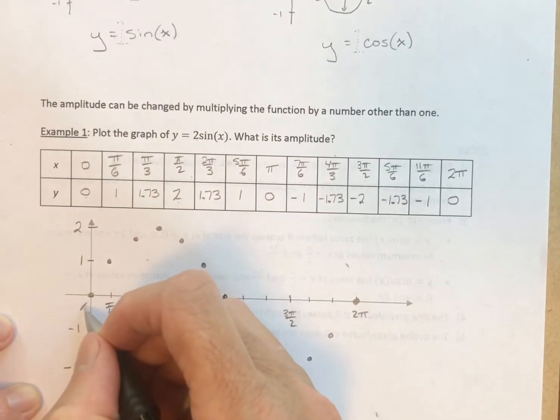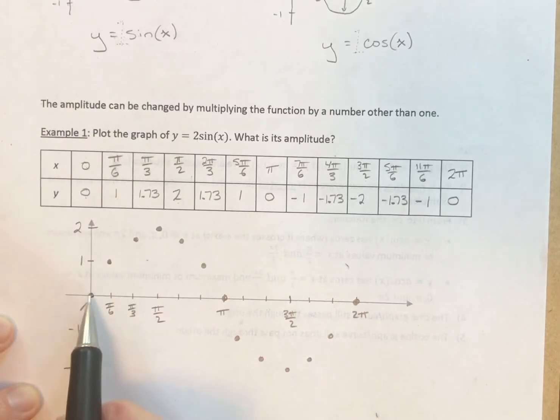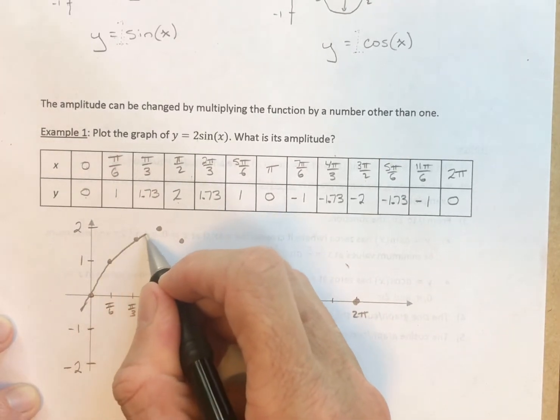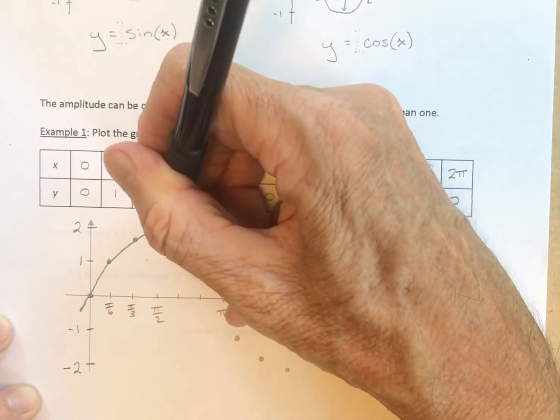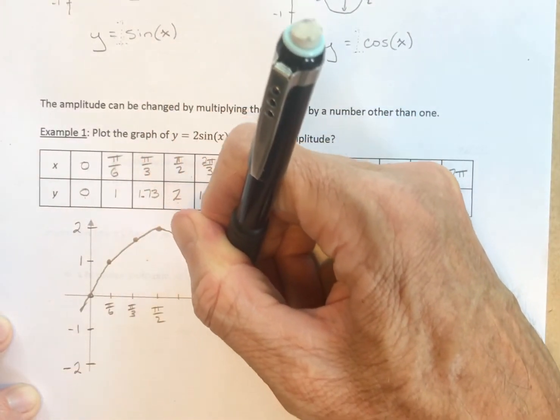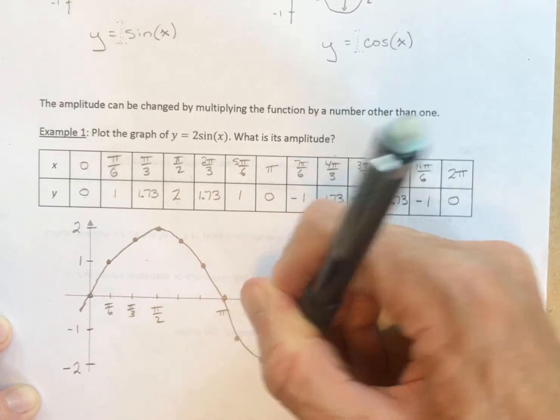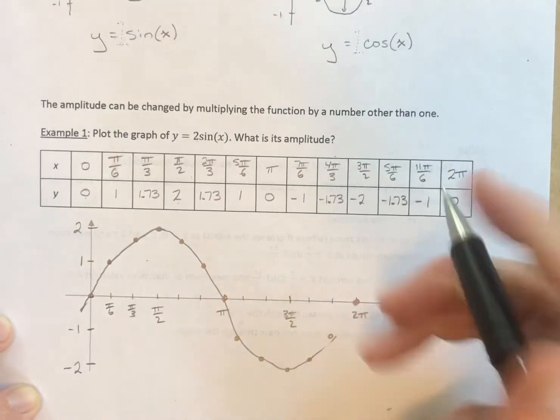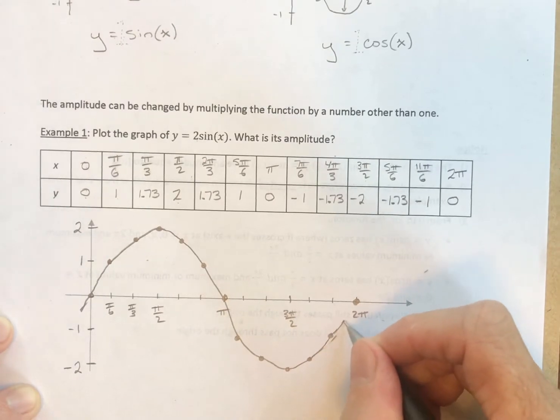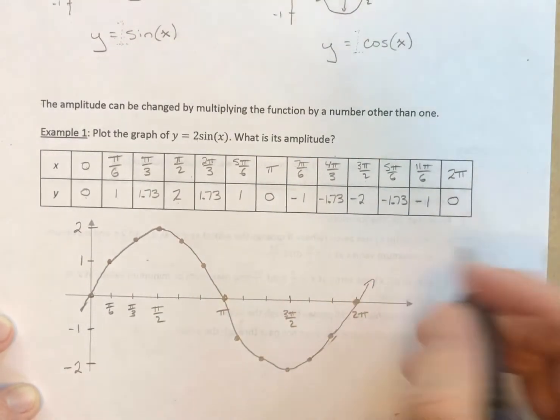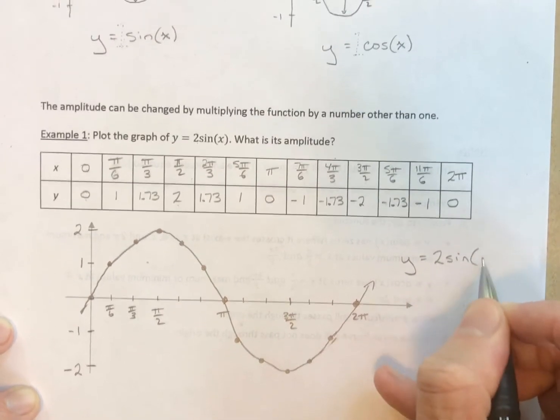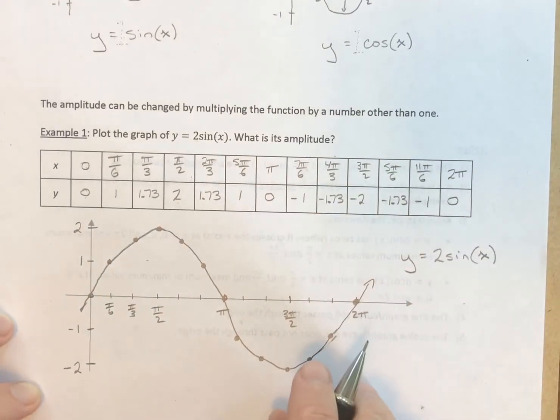So this can go on to -pi over 6. We know that this curve continues in either direction, but I'm really focused on between 0 and 2 pi, which is 1 time around the circle. Whoops, I missed that one. There we go, and there you have it. y equals 2 times the sine of x.